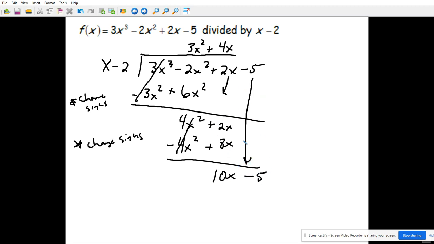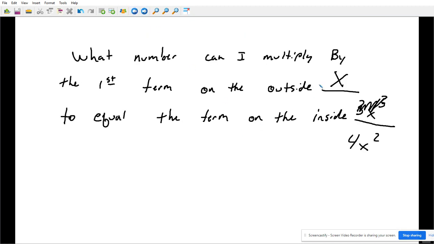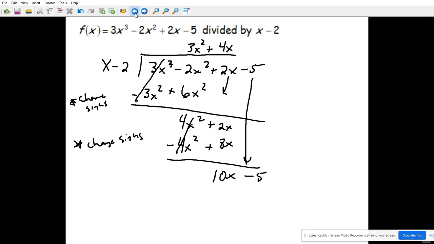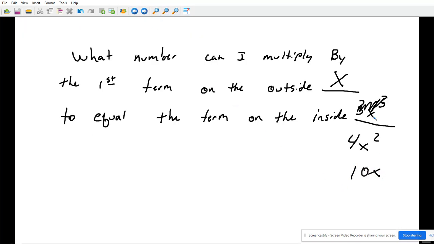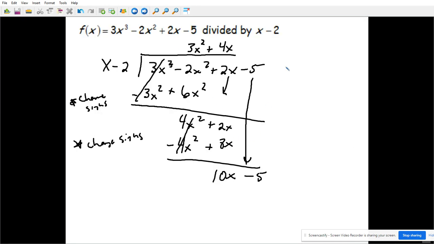Okay, so now I'm going to ask myself again, what can I multiply by x to equal 10x? And the answer to that is 10. So I'm going to put a plus 10 here. 10 times x is 10x. 10 times negative 2 is minus 20.